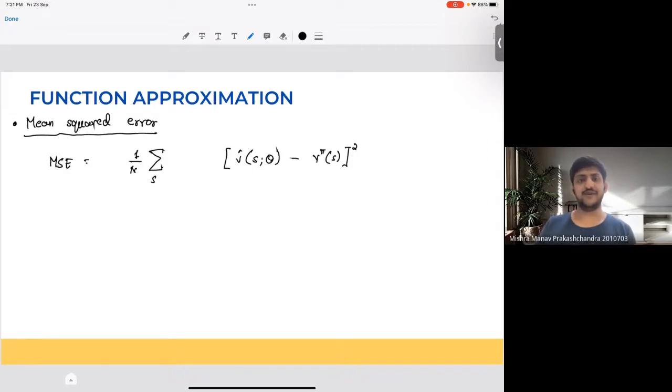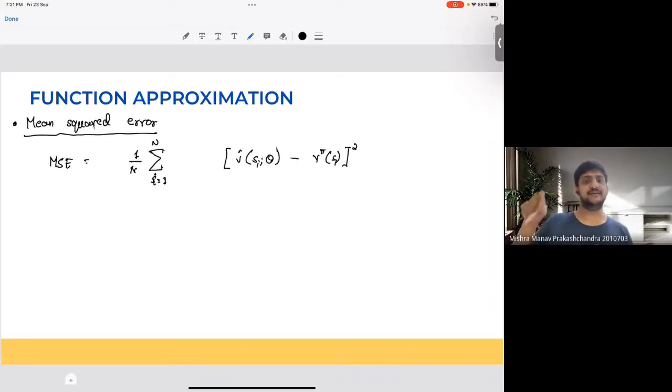It's 1 over n times the summation, where s goes from 1 to n if I have n states. So this is my mean squared error notation.